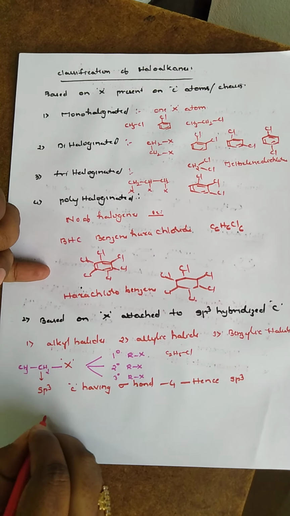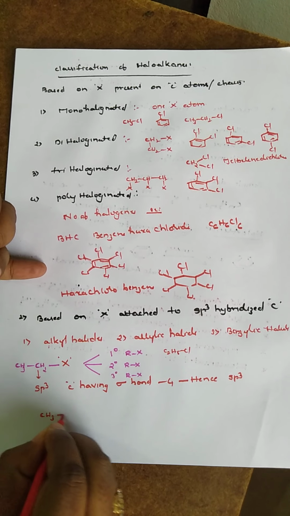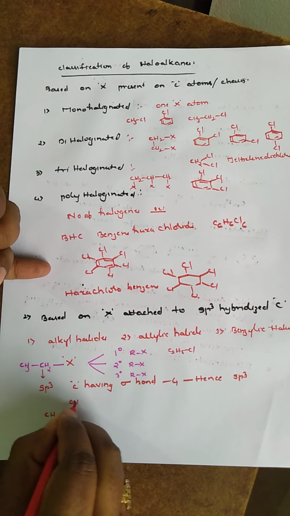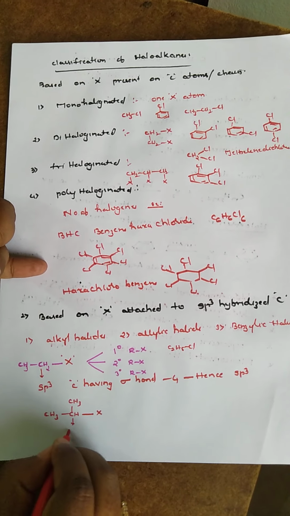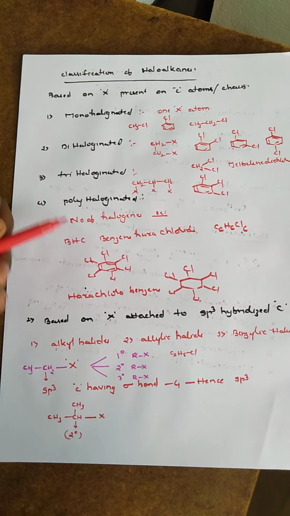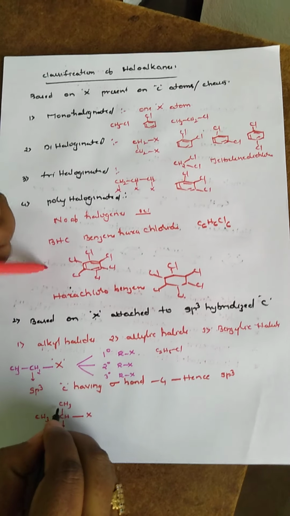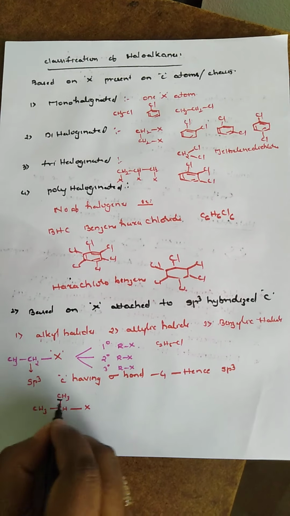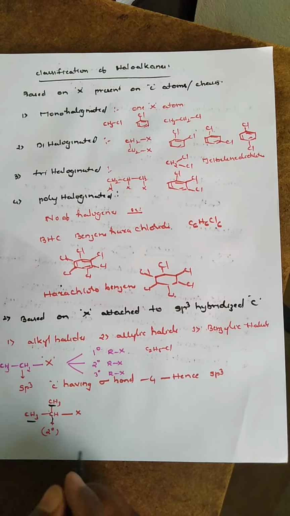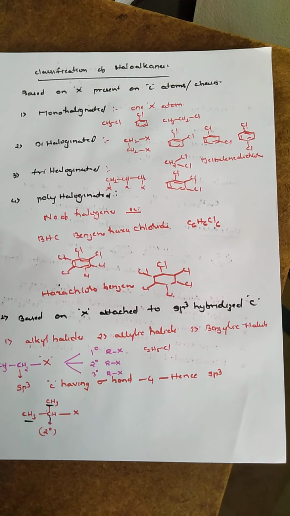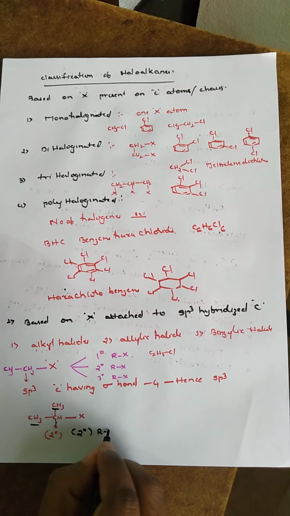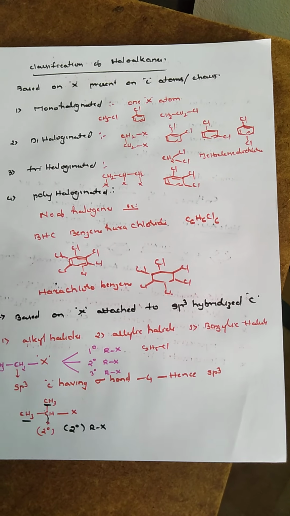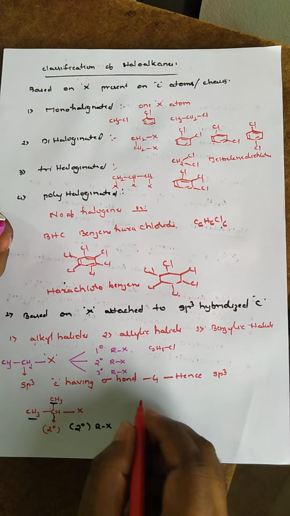Whereas secondary alkyl halide means the halogen is attached to a secondary carbon. This carbon is known as a secondary carbon. It is attached to two carbon atoms, here one CH3, here one CH3. Secondary carbon, that's why we will call it a secondary alkyl halide. Another one we will call a tertiary alkyl halide.